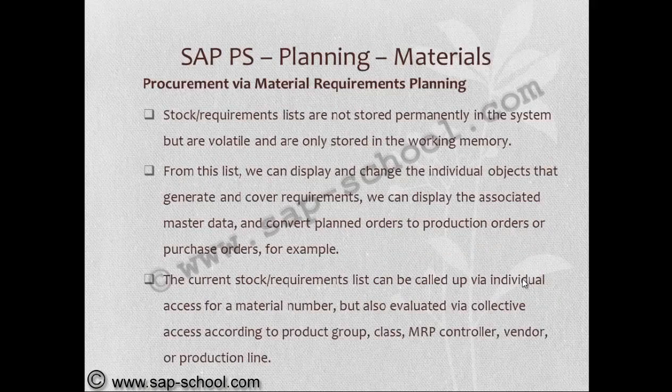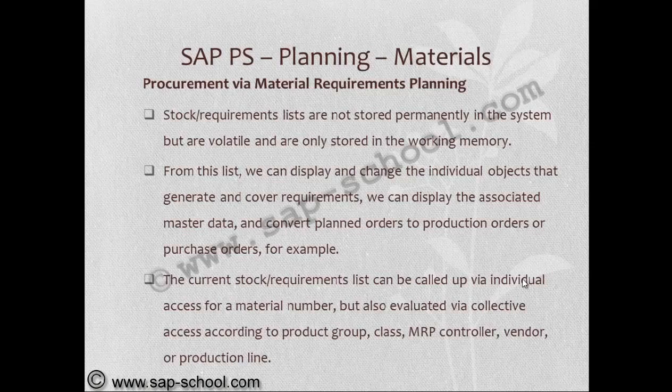The requirement lists are not stored permanently in the system but are volatile and are only stored in the working memory. From this list, we can display and change the individual objects that generate and cover requirements. We can display the associated master data and convert planned orders to production orders or purchase orders, for example.